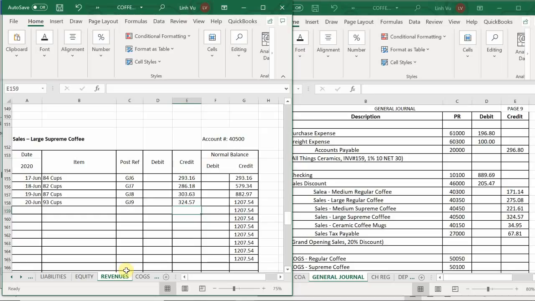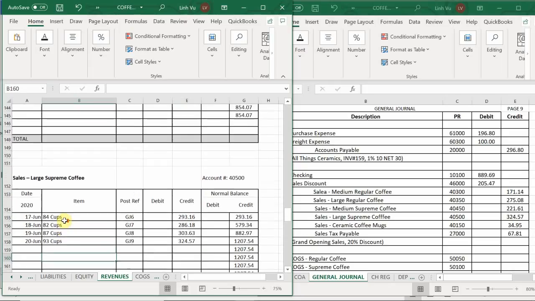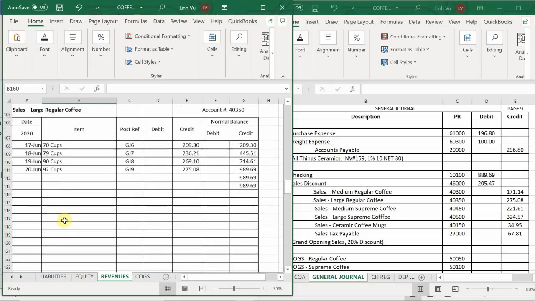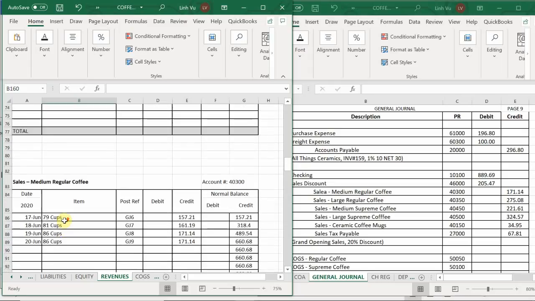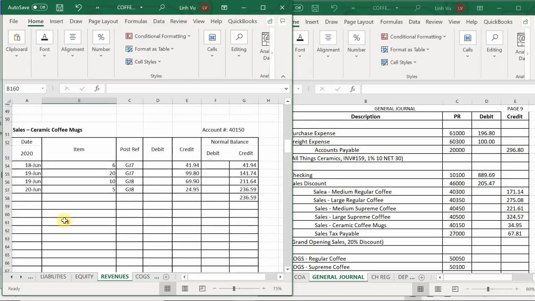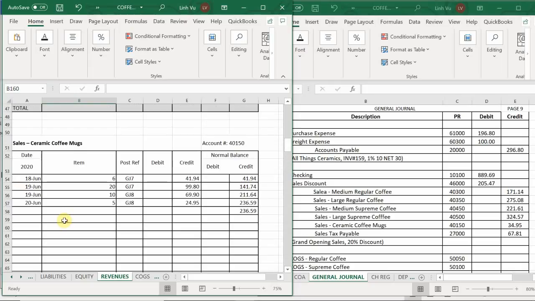Correct. 1207.54. We did sales discount. We did the sales discount. Yes. And the sales tax. Okay. We got one more account before you move on to sales tax. The coffee mugs. Correct.